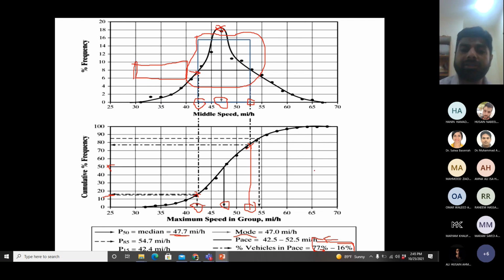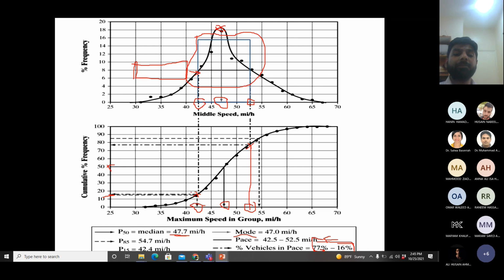The y-axis of the cumulative frequency curve directly gives you the percentiles. So the median, the middle value, is the 50th percentile. 50% of drivers are up to it and 50% are above it.